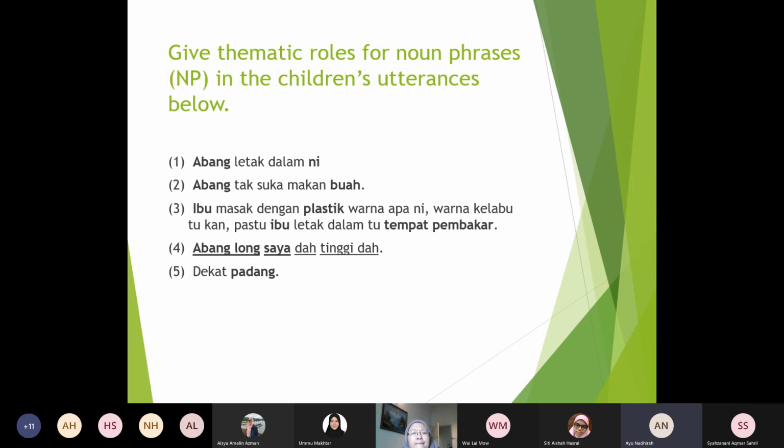I think for ibu is agent. Alright. Plastic is instrument. Okay, instrument, can be instrument, yes. And lepas tu ibu is agent, and tempat pembakar is location.